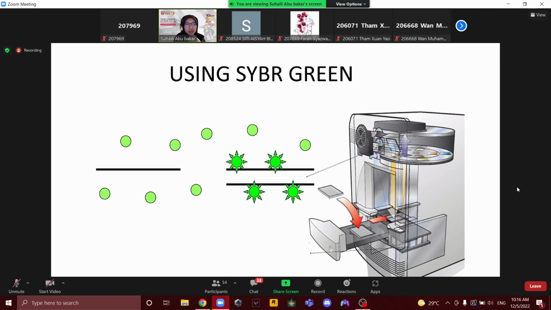Winnie has answered. Yes, so this dye, SYBR Green, can also bind to this DNA. Isn't it? It can also bind to this original DNA, the 10 nanogram at the beginning, not only the one already amplified by using primer. Do you understand?